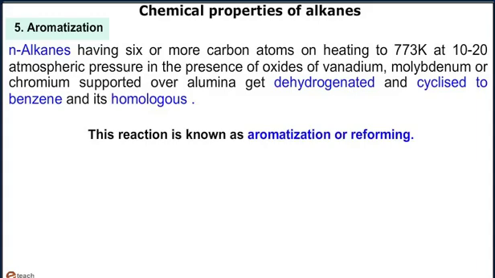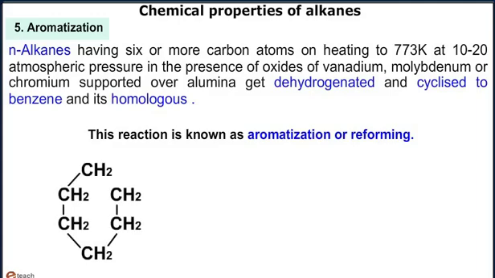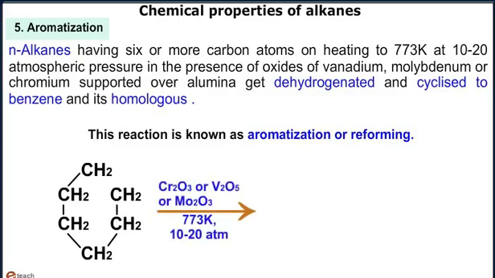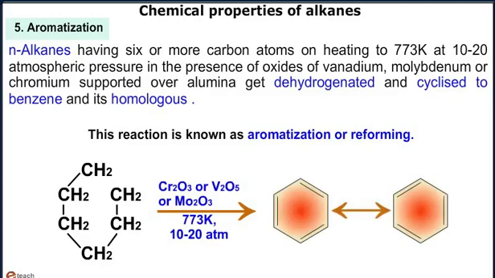This reaction is known as aromatization or reforming. Consider the reaction of the straight-chain alkane in presence of Cr2O3 or V2O5 or Mo2O3 at 773 Kelvin and 10 to 20 atm pressure gives benzene.